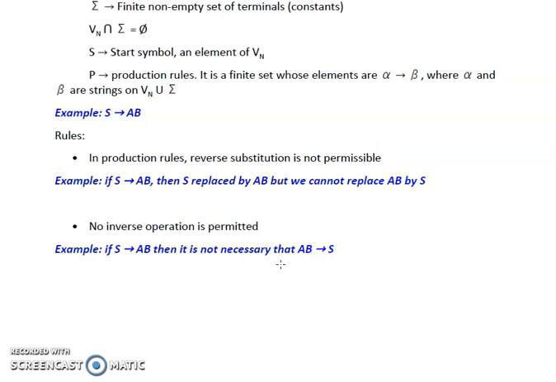So it is not compulsory that if in a grammar we are having a rule S tends to AB, there should be a rule AB tends to S. So, these are the 2 basic rules that are applied on the grammars.